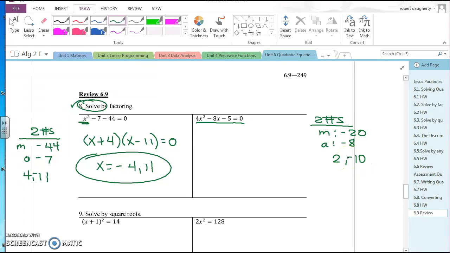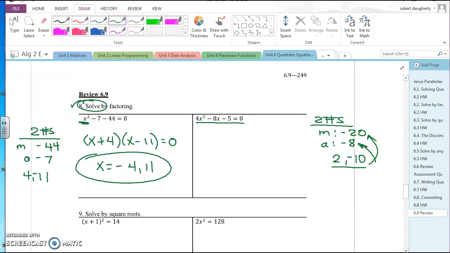Multiply that, and I always double check. When I multiply those numbers, do I get negative 20? Yes. When I add those numbers, do I get negative 8? Yes. So negative 20 and negative 8.